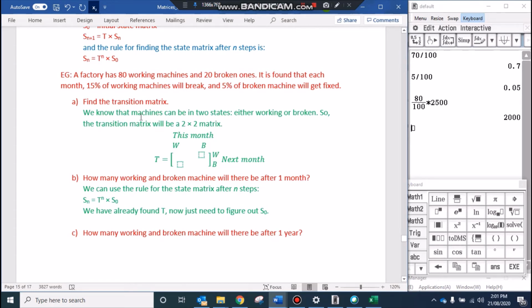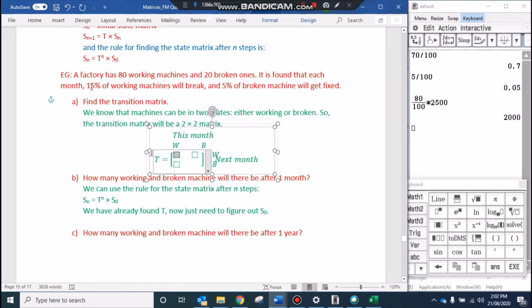Because the machines can be in two different states, either working or broken, we know that the transition matrix will be a 2 by 2 matrix. Say this month a machine is working or broken, and next month the machine is working or broken. So let's start here. What percentage of machines that are working this month will also be working next month?